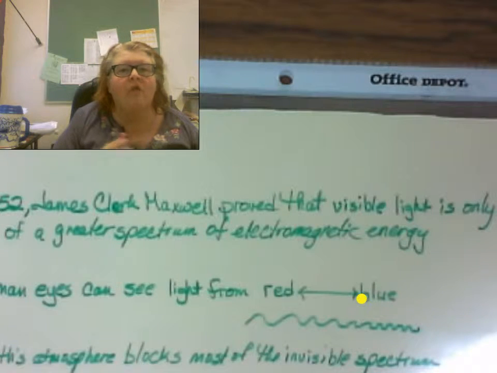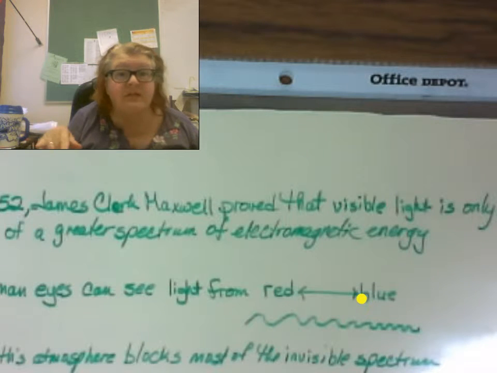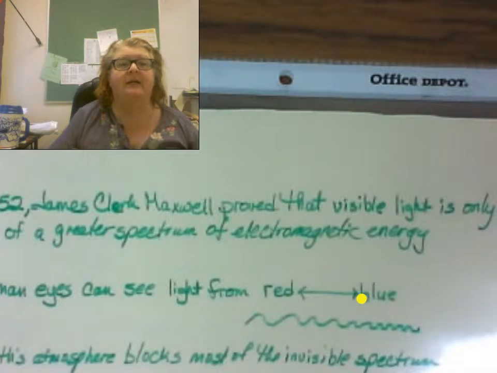Those are all the red to blue spectrum. We can see that light. All the other stuff we can't see. Our eyeballs just can't process it. Maxwell said there is so much more out there that we can't see. It's amazing.